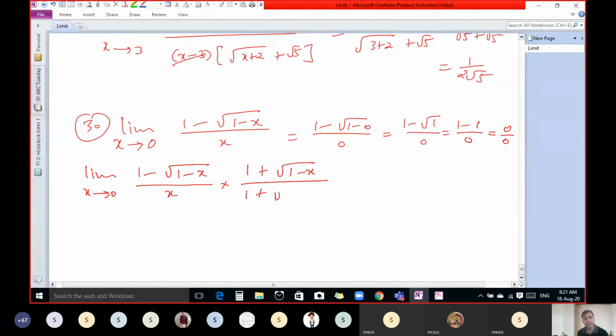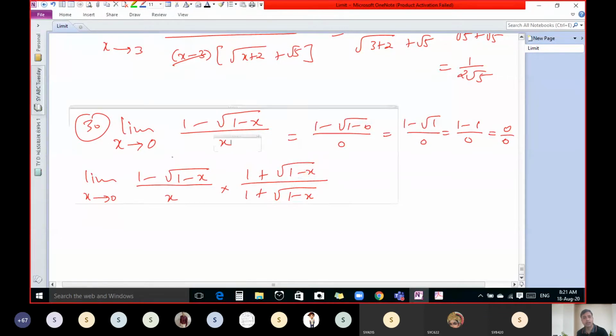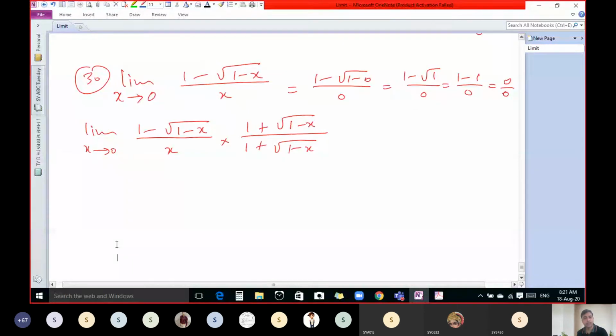What we have to do in rationalization? You have to keep these two terms as it is. Just change the sign between these two terms. Then after simplifying, keeping this denominator as it is, x, and in bracket 1 plus root 1 minus x as it is.